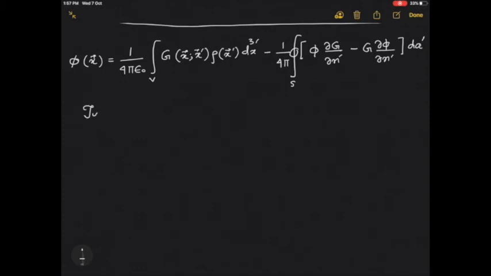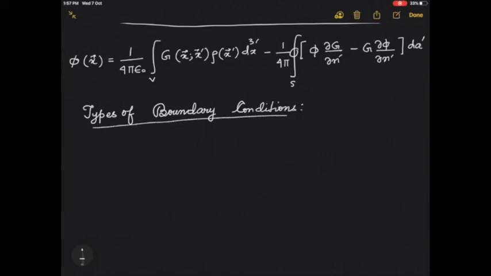So, first we talk about the type of boundary conditions. And this type is called Dirichlet boundary condition.